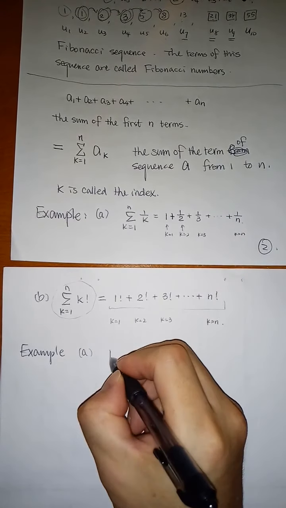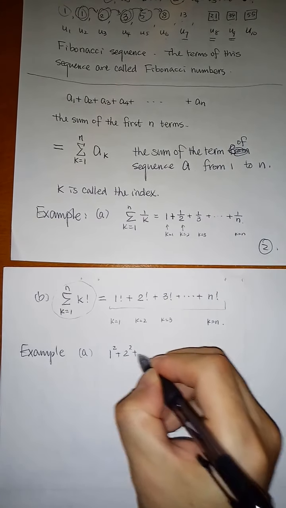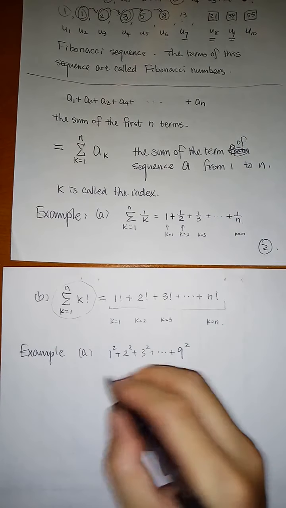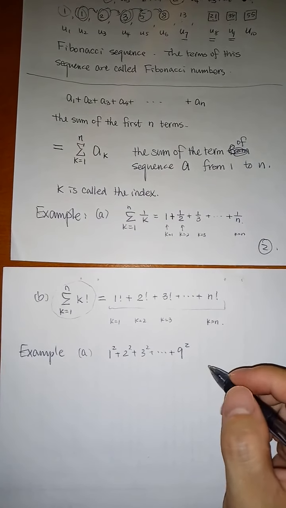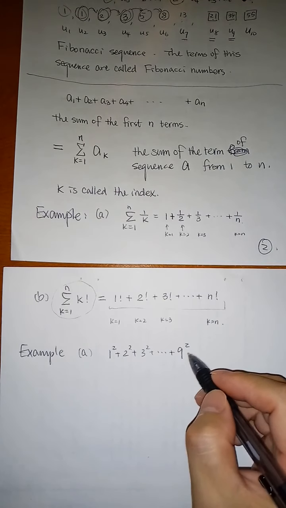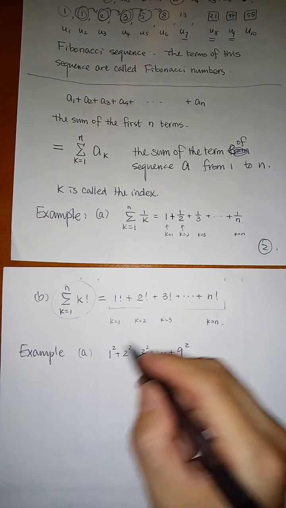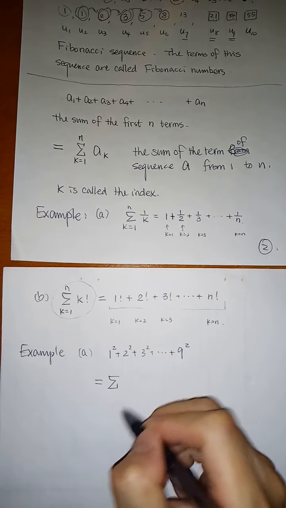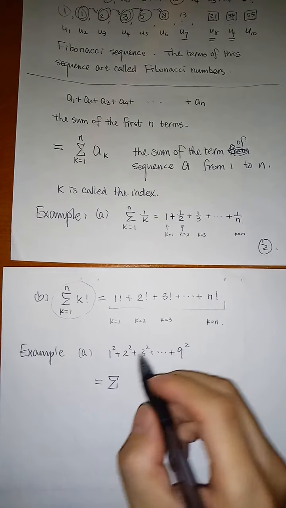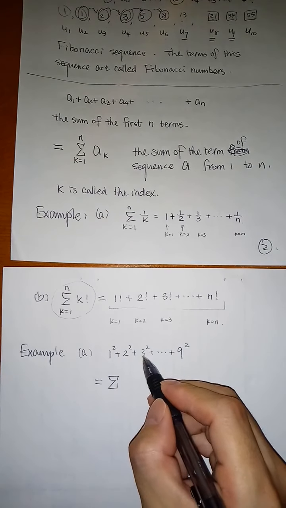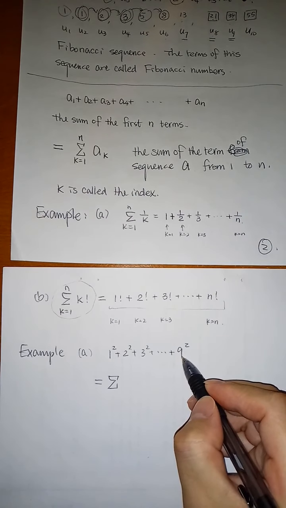And if you have a long notation, how do you write it in a compact notation? For example, you have 1 square plus 2 square plus 3 square up to plus 9 square. How do you write this one? So first of all, it's a sigma, and you use index k. You see that's the evaluation when k is 1, evaluation when k is 2, k 3, k is 9.